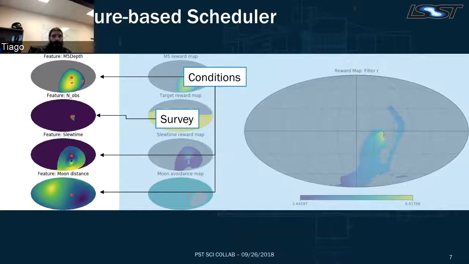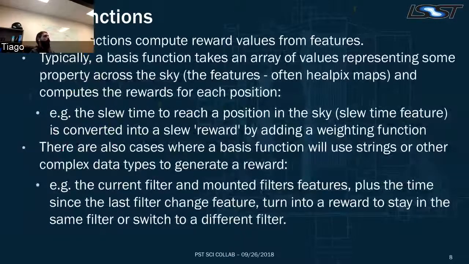All right, so next in the logic, we have the basis functions. The idea of a basis function is that we take a set of features and compute rewards. Typically, in most cases, we have a HEALPix map with some feature, and a basis function will take that map feature and compute a reward map on the same HEALPix grid.